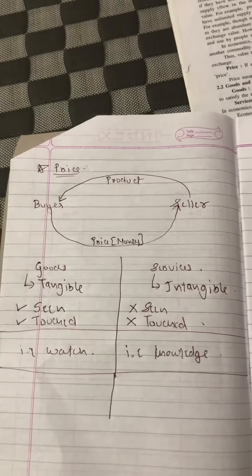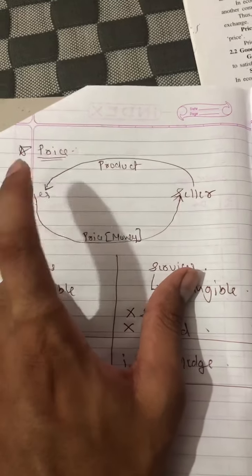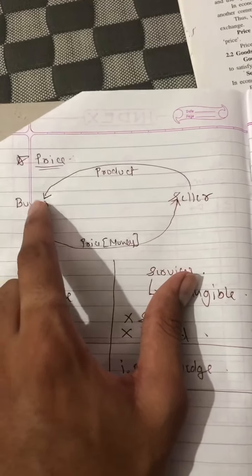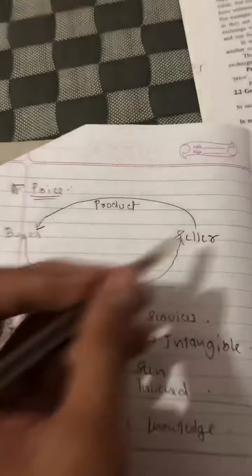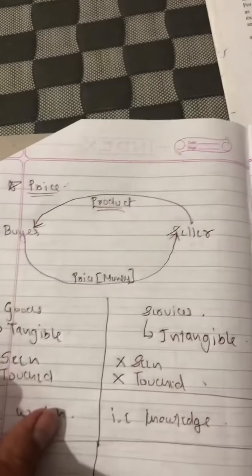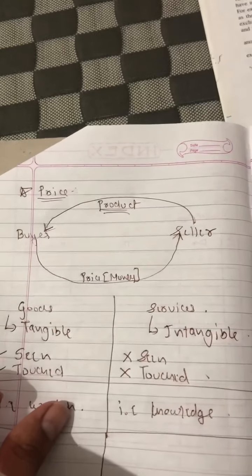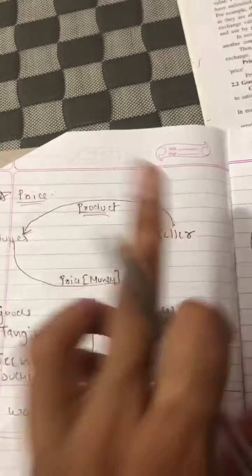Now let's see a practical example of it. In a transaction, there are two parties. First, the buyer who is going to buy the product, and the seller who is going to sell the product. The seller will give the product to the buyer, and as the buyer has received the product, the buyer will give price or money to the seller.